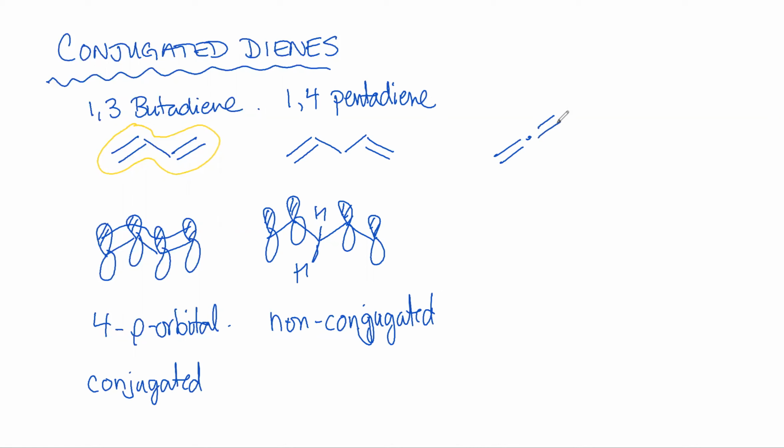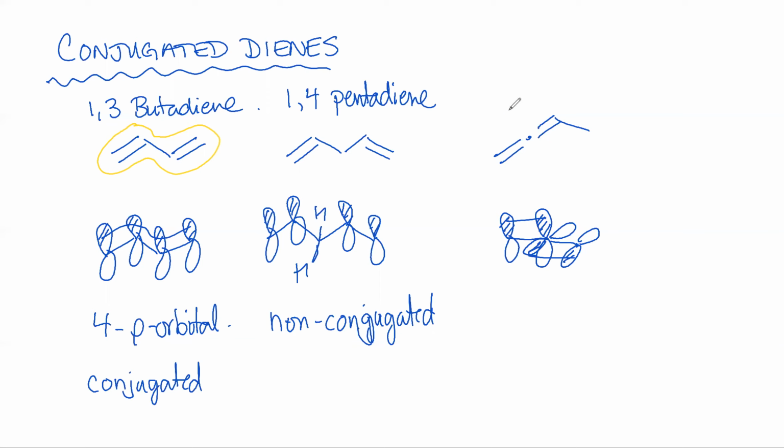When you've got 2 double bonds and they aren't separated by anything, in a system like this, the double bonds are actually perpendicular to each other. So in one sense, one double bond is on the x-axis, the other is on the y-axis, so they're not in the same space.